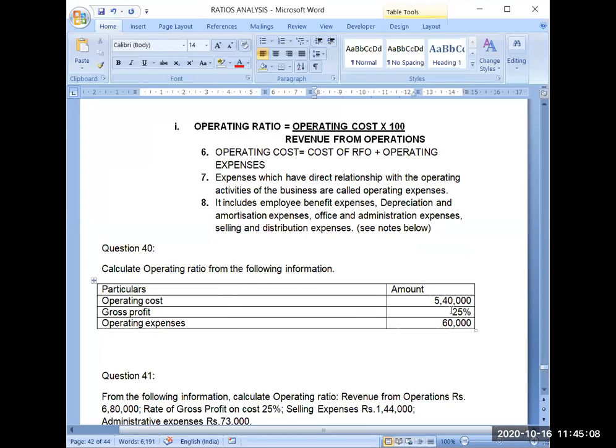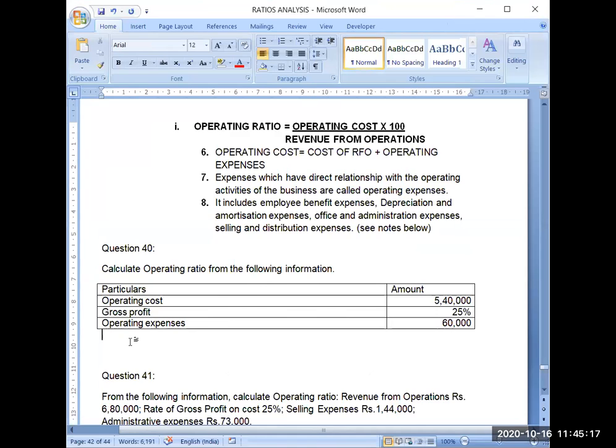Operating expenses are given 60,000. So operating cost is given and operating expenses is given. So I will be able to calculate cost of revenue from operation with the help of that. You can see this formula.